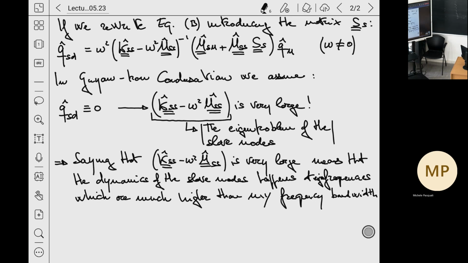So if this is true, I can apply the Guyan iron method. If this holds true, I can safely apply the Guyan iron method.